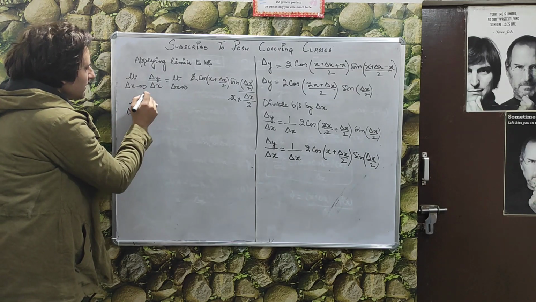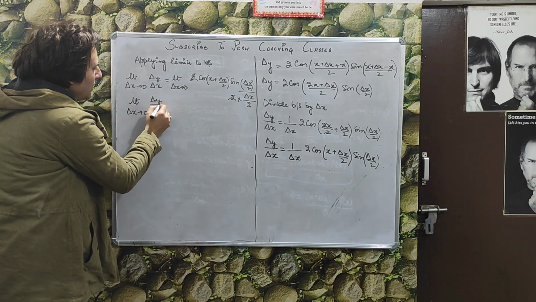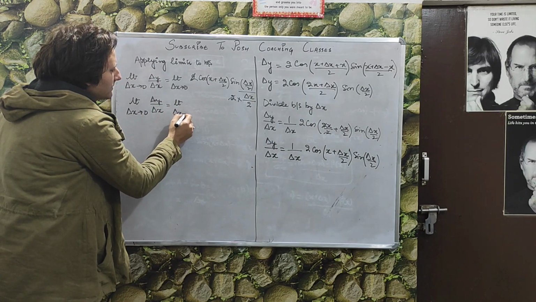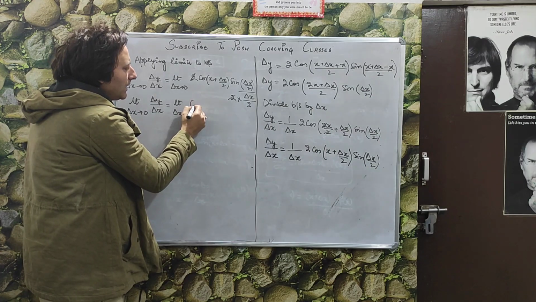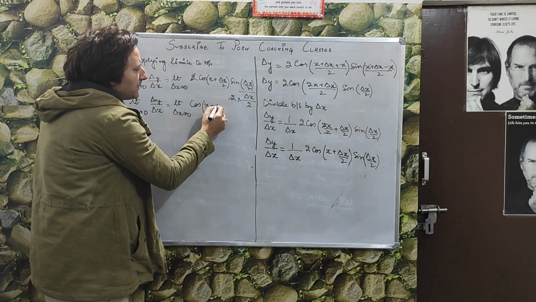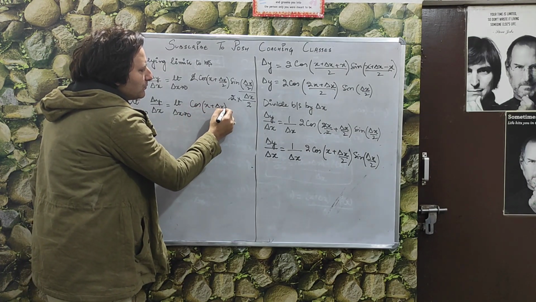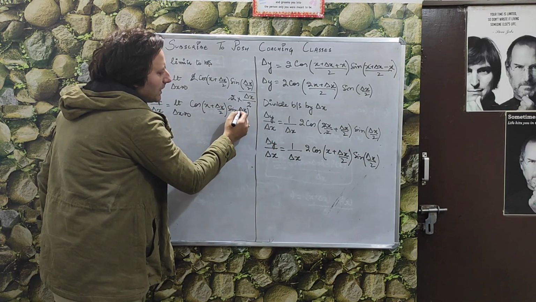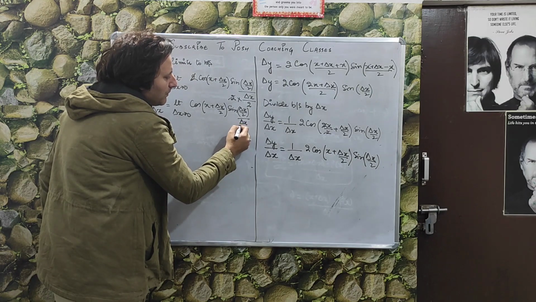Limit delta x tends to 0, delta y upon delta x is equal to limit delta x tends to 0, cos (x plus delta x by 2), then sine (delta x by 2), and again delta x by 2.